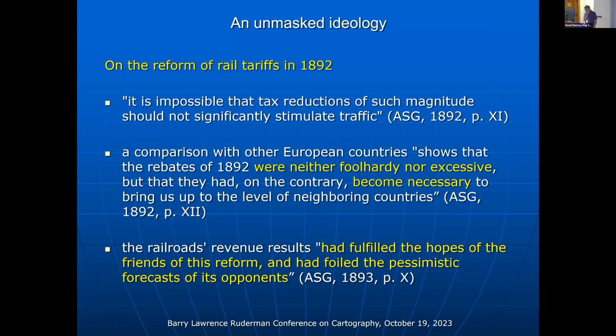And in the next edition of the album, the neutral stance was hardly maintained when Chesson noted that the railroad's revenue results had fulfilled the hopes of the friends of this reform and had foiled the pessimistic forecasts of its opponents.